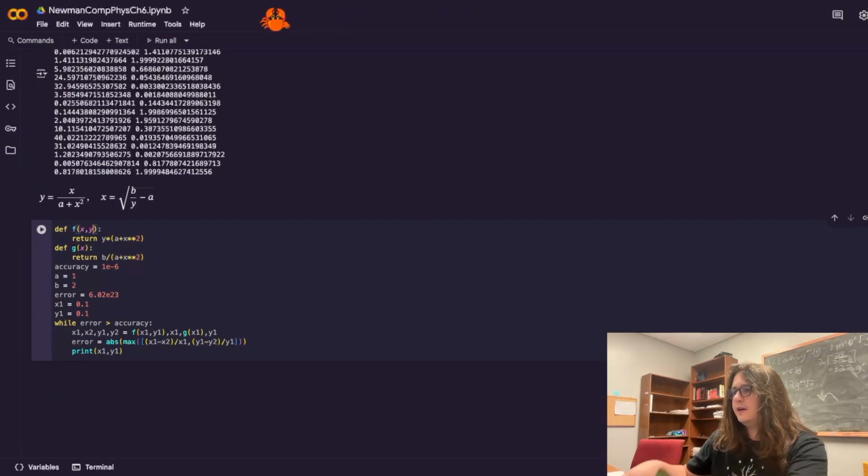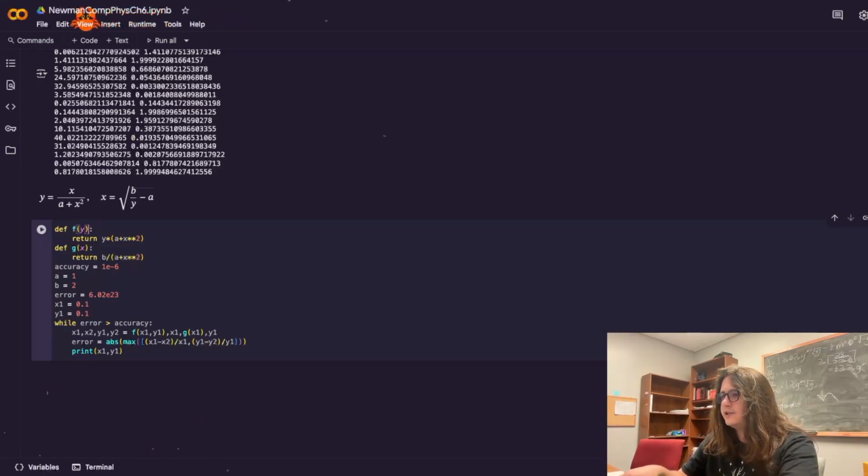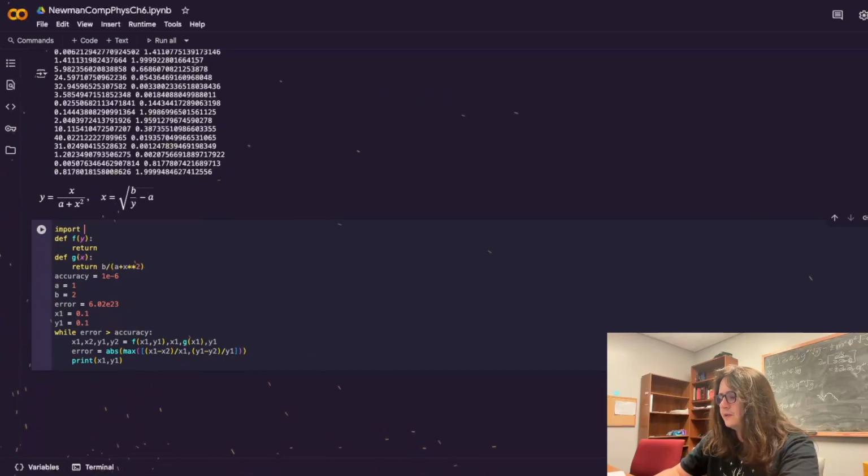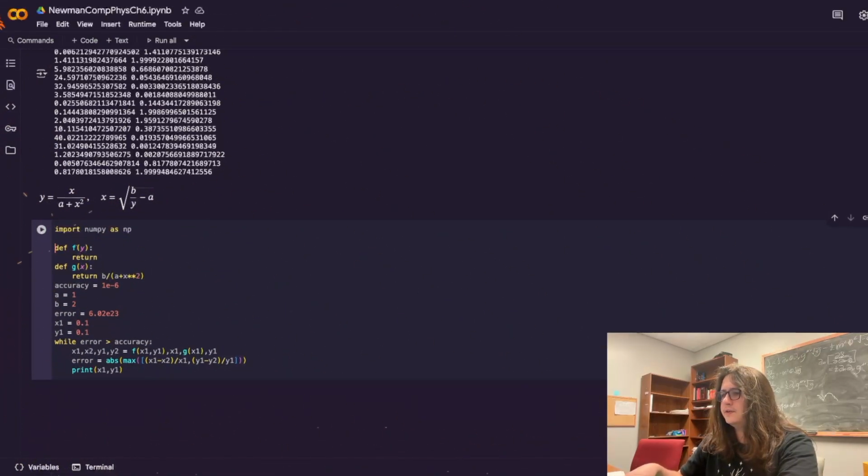So f of x will now only be a function of y, actually. It will return a square root. I'm going to import numpy so I can get that square root function. So it's going to return the square root of b over y minus a, and also g of x is now x over a plus x squared.